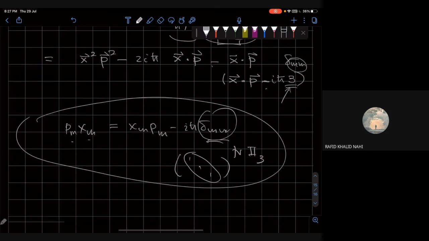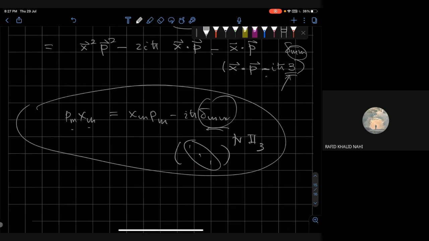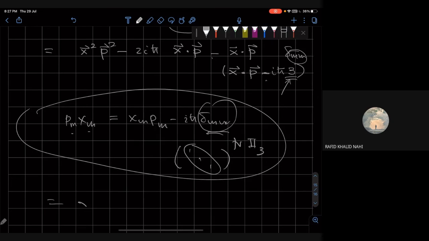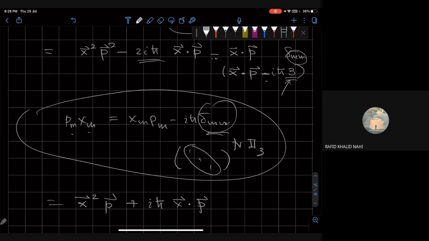So if I do this, then I have x squared p squared. There's a plus 3 because of this minus sign, and there's a minus 2. So I get plus i h bar x dot p. And then from here, I get, I think I'm missing a sign.